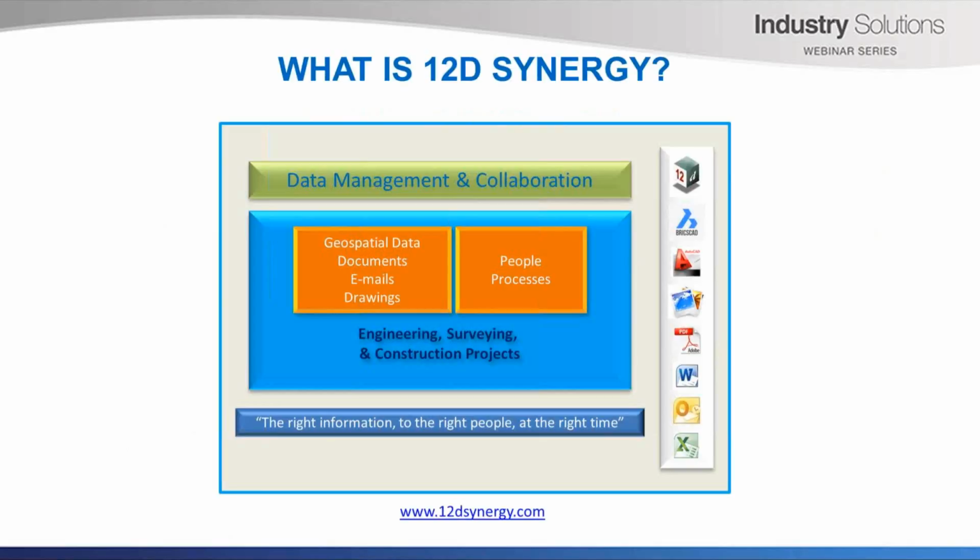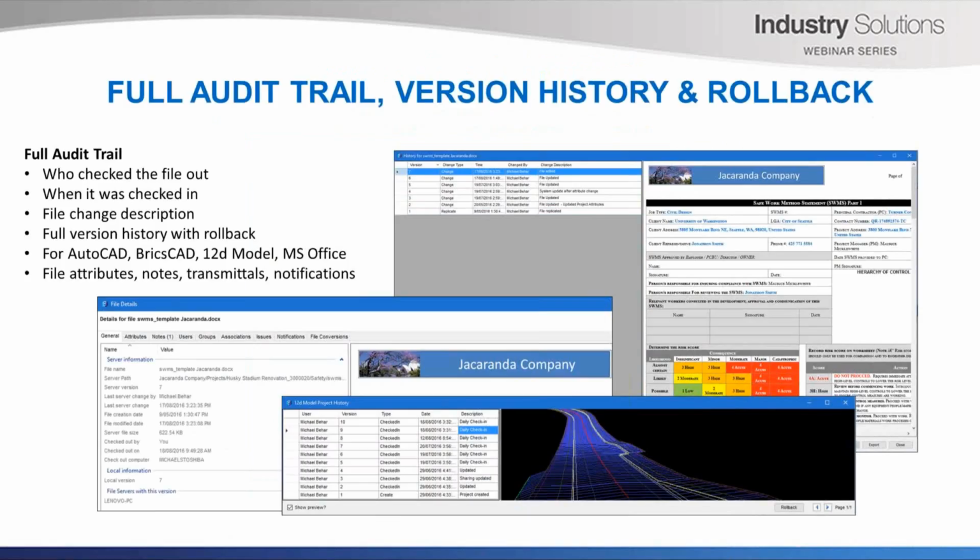It's about getting the right information to the right people at the right time to reduce project costs and project risk. 12D Synergy is unique in that it not only provides an audit trail, version history and rollback capabilities for CAD and most other file types, but also for applications that require advanced data management like 12D Model.